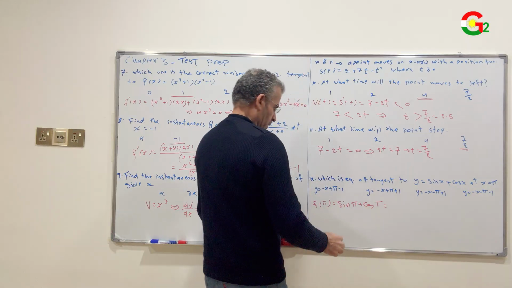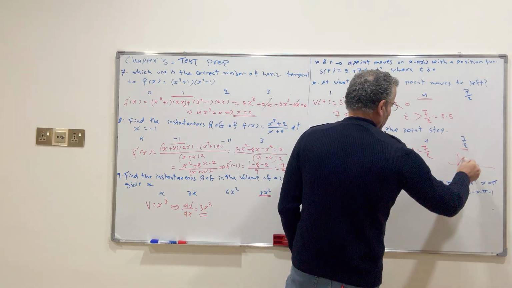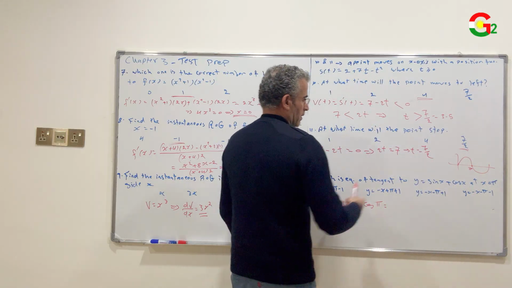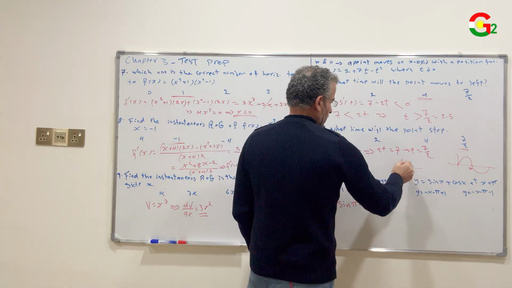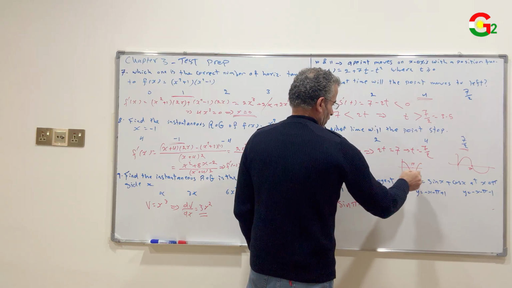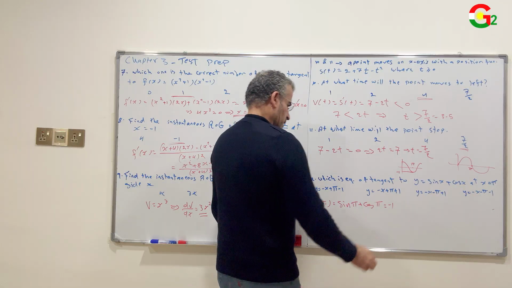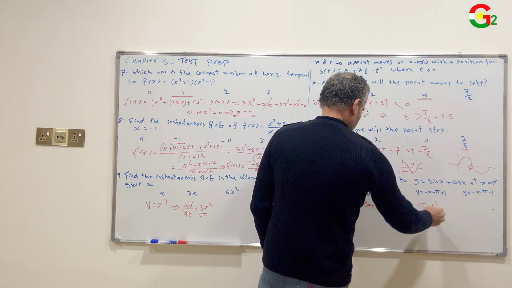Sine pi is 0 since the graph of sine is like this shape, and cosine pi is -1. This is pi. So f of pi is -1. The point of tangency is pi, -1.